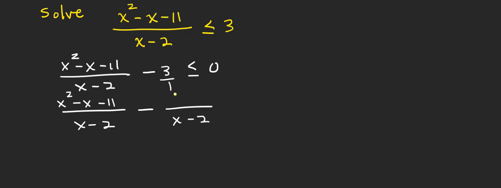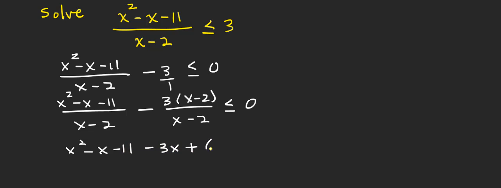Here you need x minus 2, so you're going to multiply the top by x minus 2. Okay, now we're going to distribute. Be careful. We're going to distribute negative 3 to x minus 2. So you end up getting x squared minus x minus 11 minus 3x plus 6 all over x minus 2, less than or equal to 0.